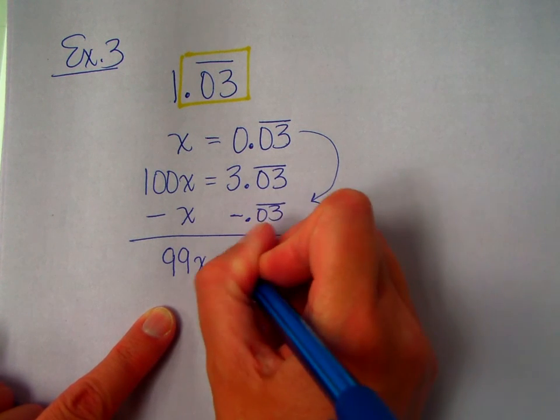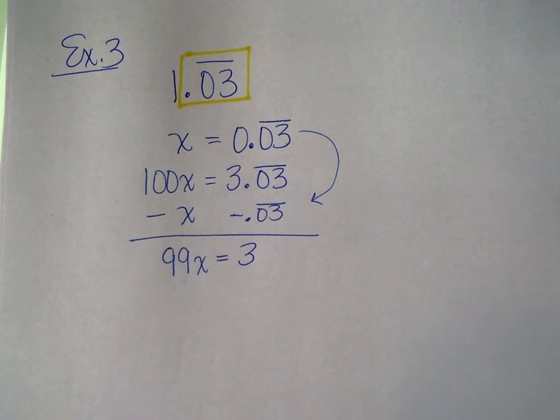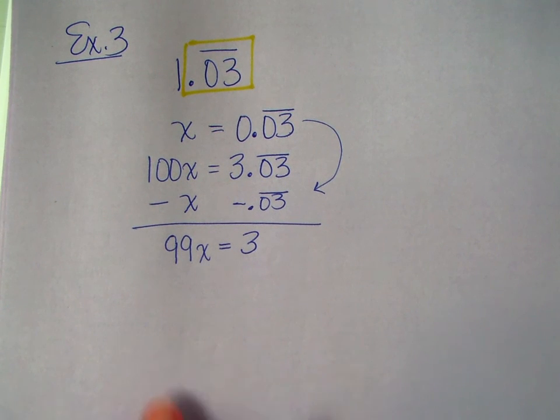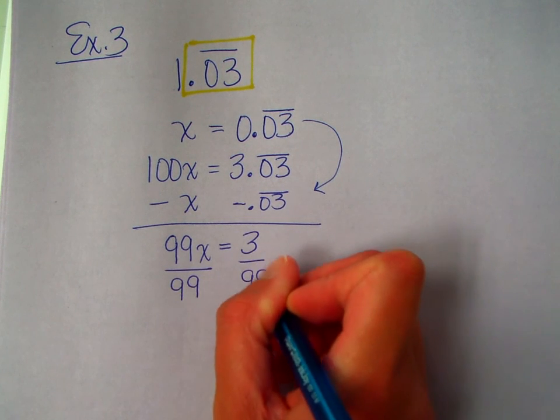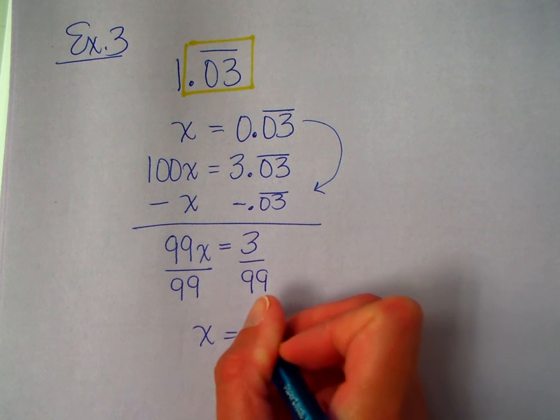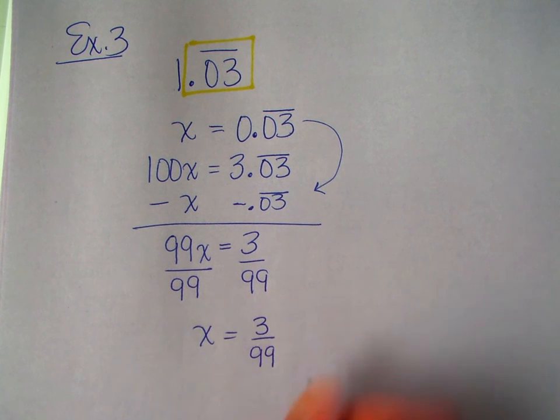And now we can solve. Solve for x, divide both sides by 99. So there's your fraction, 3 over 99. Does that one simplify? What do we get? 1 over 33.